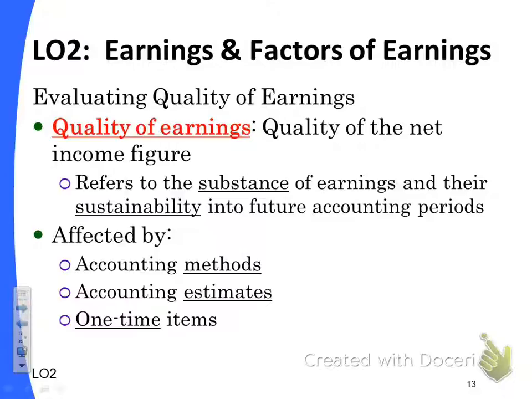Now, the reason that I say that is because we want to look at and understand all the factors that go into what the components of earnings are. And if you remember, last week, I had mentioned to you guys with regard to when we were preparing a multi-step income statement, I had said to you, we want to make sure when we use a multi-step, one of the benefits of it is really being able to differentiate where our net profit is coming from.